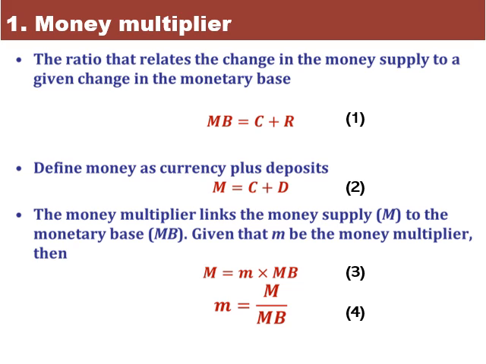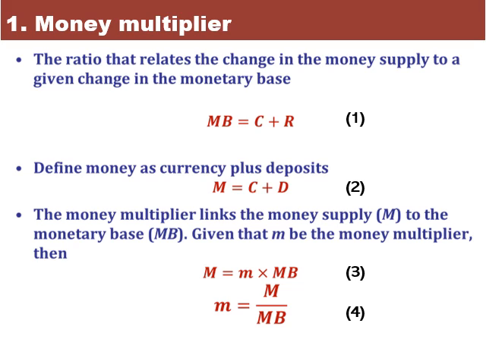So we can write the money supply equation as shown in equation 2: M equals C plus D, where M represents the money supply, C represents currency, while D represents the deposits.